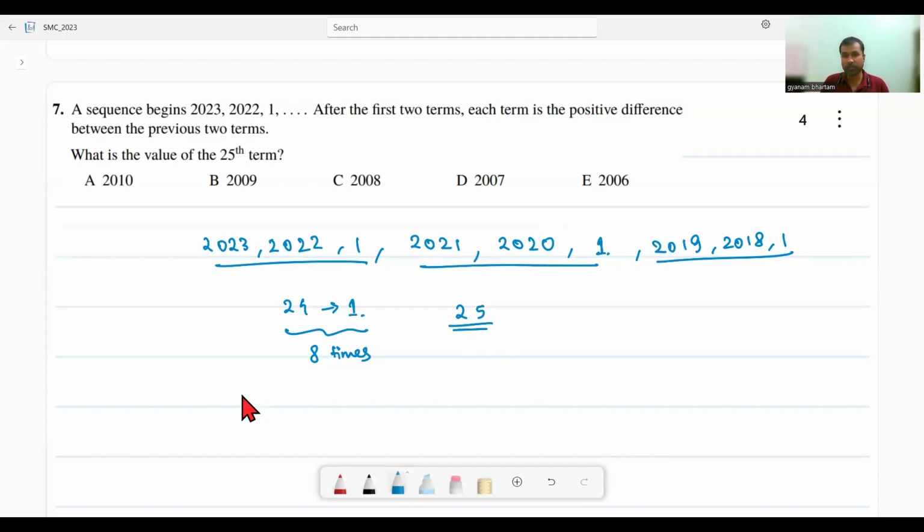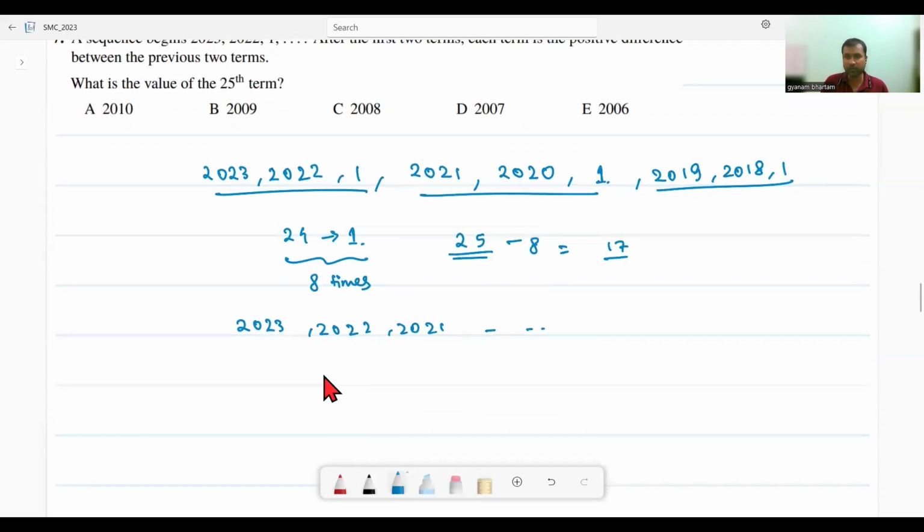So if you start writing from 2023, we have already counted 8. If you subtract 8 out of this, we have, no, not 2, 17. So we have to find the 17th number. So 2022, 2021, and this goes on. If it's a large value, how do you calculate? The first value is A. Just use the arithmetic sequence.